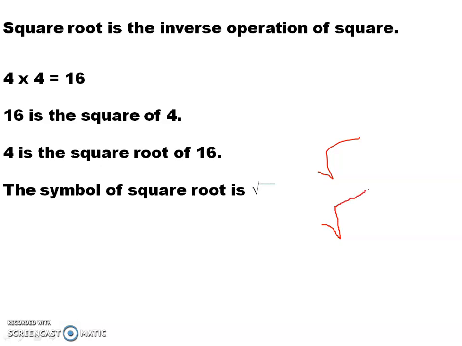Square root of 16 is equal to 4. This is how you write. How will you read this? Root of 16 equal to 4, or square root of 16 is equal to 4. Is that clear to you?